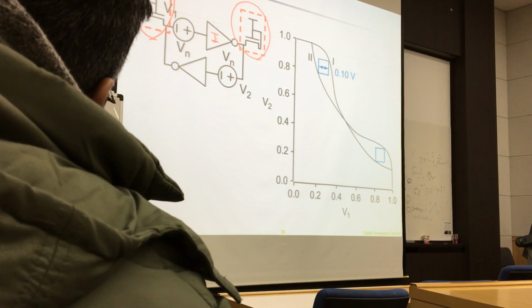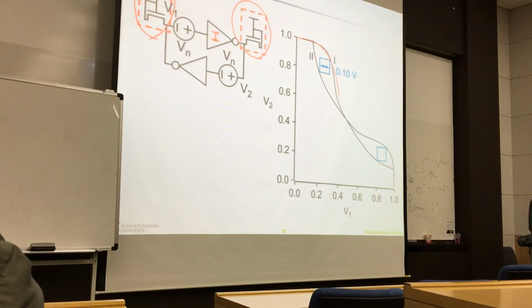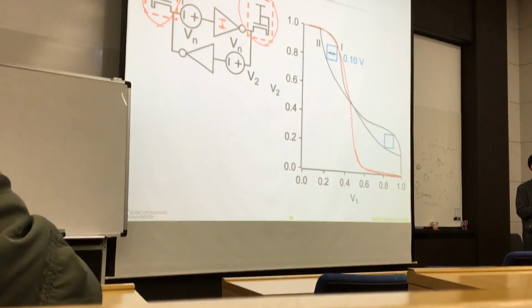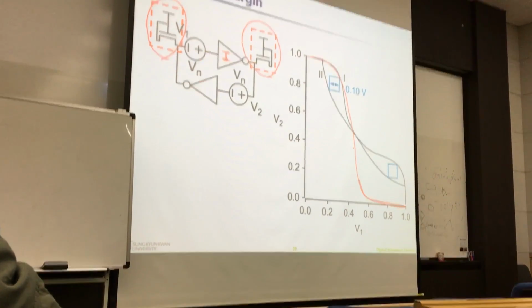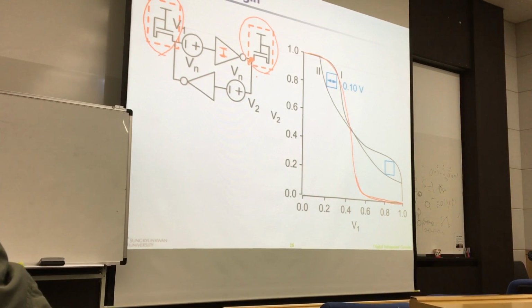So this is the first inverter, and originally what we had was a VTC which would look something like this. That's the more familiar form, right? But now, if your voltage on this node is lower, let's say this voltage is like 100 millivolts, very low, and your VDD is like 1 volt, then you have a VDS of 900 millivolts on this access transistor, and your VGS is also 900 millivolts.